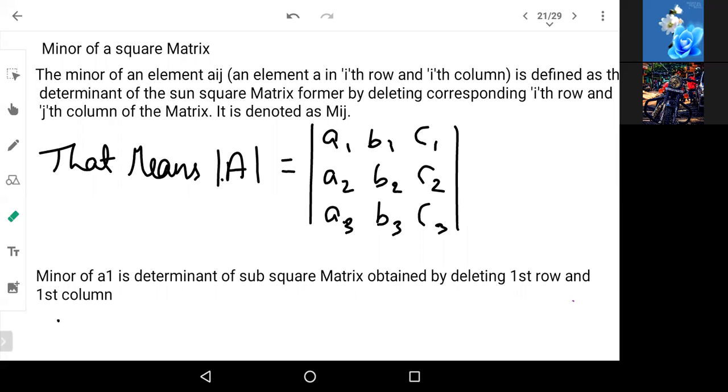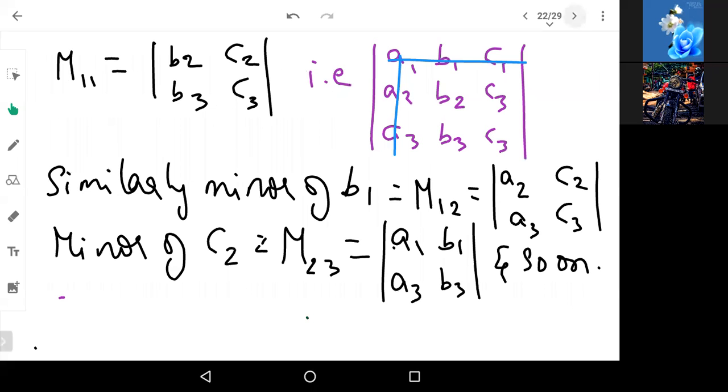Now minor of A1 is determinant of subsquare matrix obtained by, what they are trying to say is, to find the minor of A1 I will delete this row and this column. So the minor is B2, C2, B3 and C3. See, B2, C2, B3 and C3. So I'm going to delete these first row and first column.